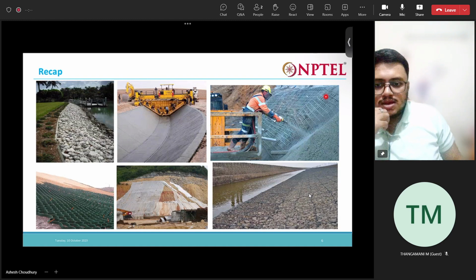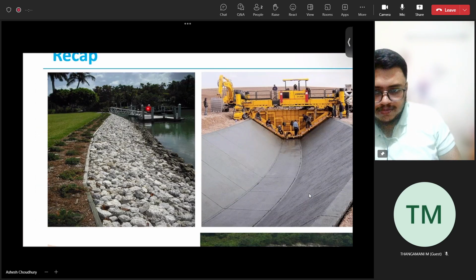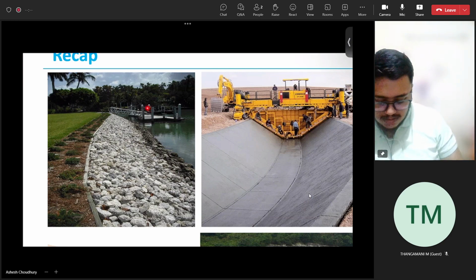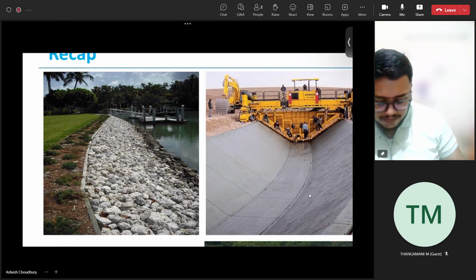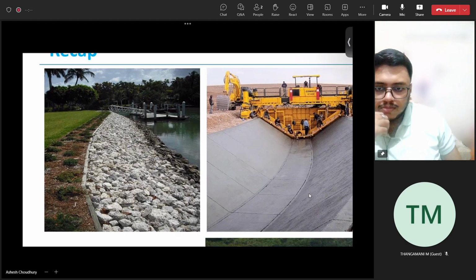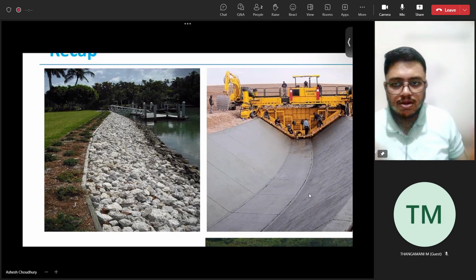Okay, so here there are many pictures that I have given. What is the first picture? If you can guess, what is this first picture?